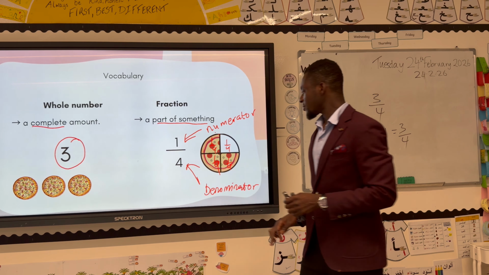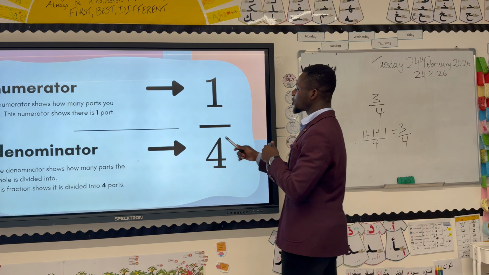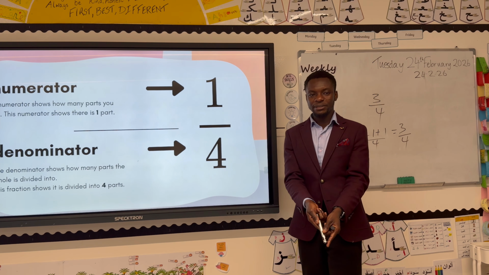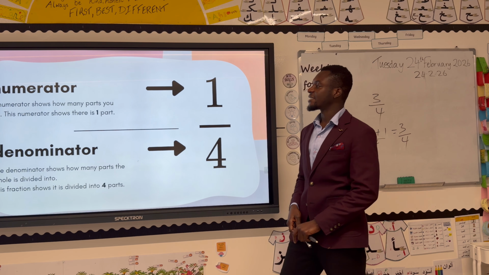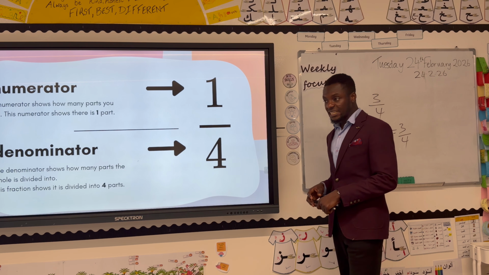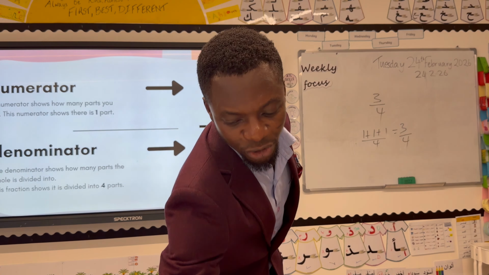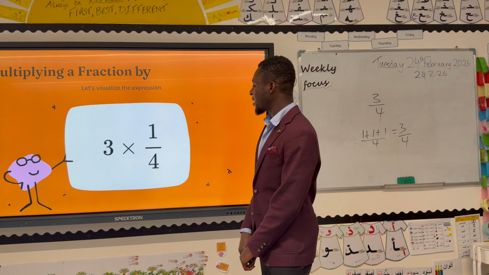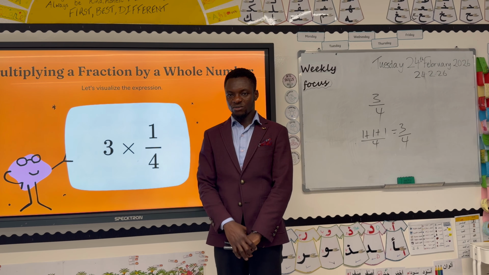Right. So we have our numerator and our denominator. So the denominator represents how many parts the pizza was divided into, and the numerator represents how many parts was eaten out of it. Okay, now we have a problem. Our problem is we have 3 times 1 out of 4.